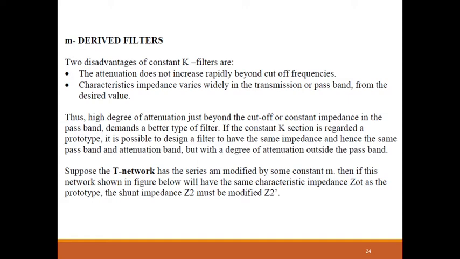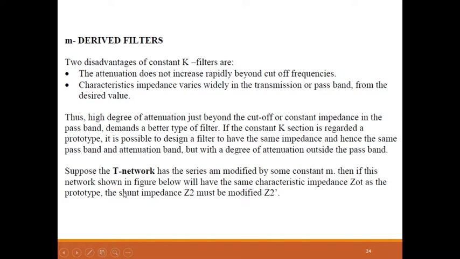It also has the same impedance, but we can vary the range of the pass band and attenuation band. The degree of attenuation outside of the pass band is possible in the M derived filter.